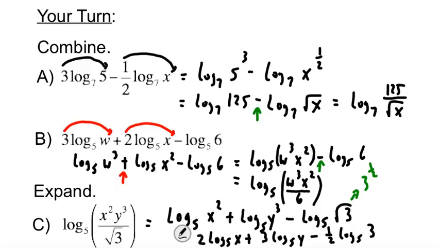And there's nothing left to simplify on that. We can't simplify that log base 5 of 3, so we're just going to leave it like that: 2 log base 5 of x plus 3 log base 5 of y minus 1/2 log base 5 of 3.